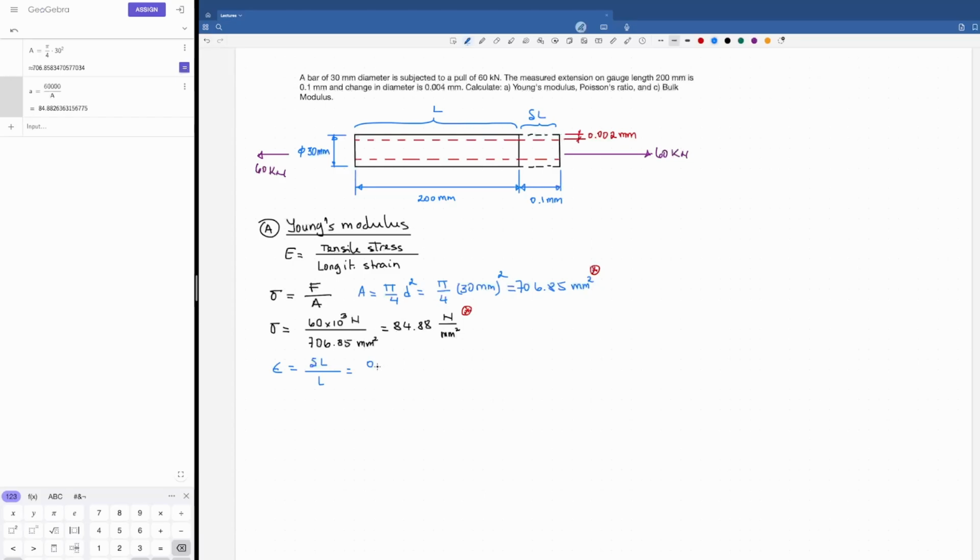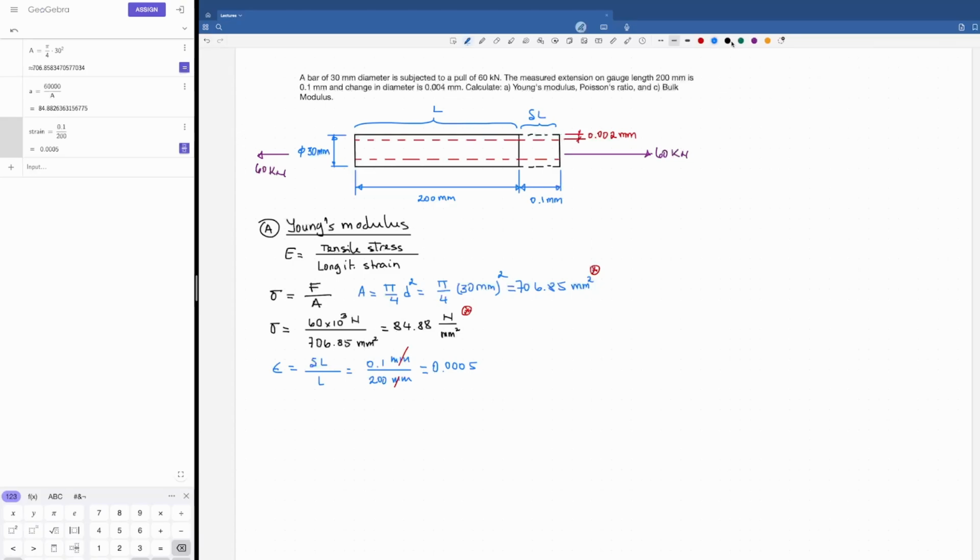It's going to be 0.1 millimeters divided by 200 millimeters. Strain is not deformation, it's just a rate of deformation, and that gives us 0.0005, with no units because it's non-dimensional.